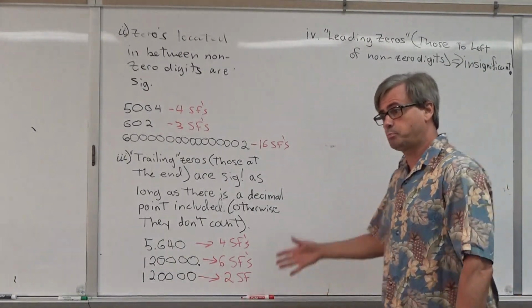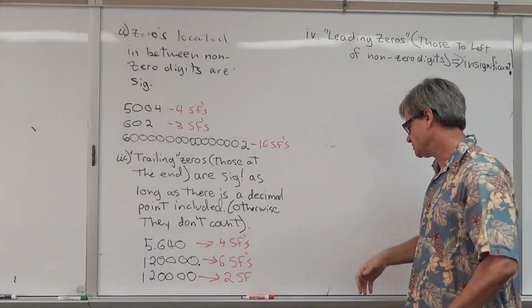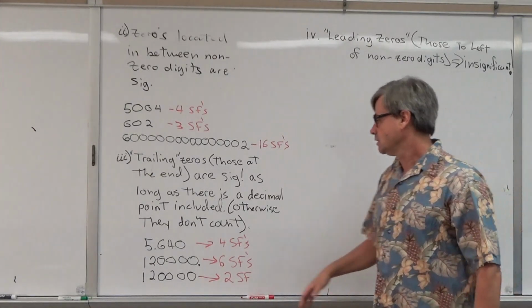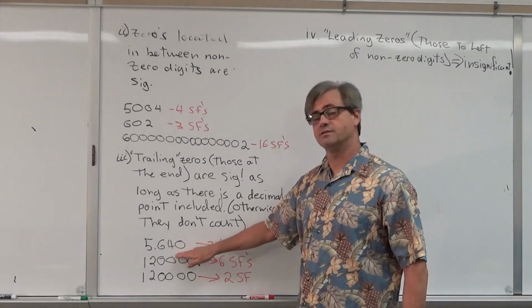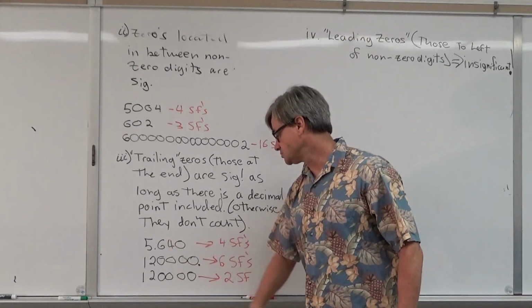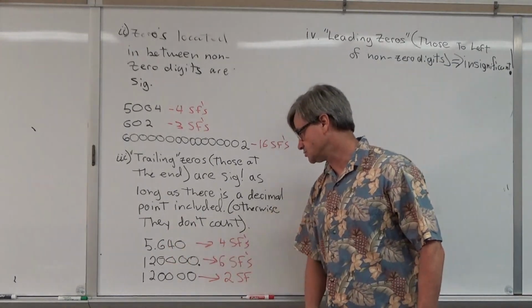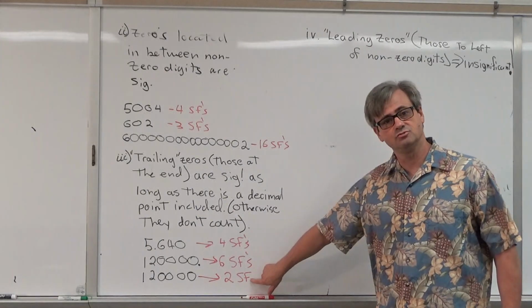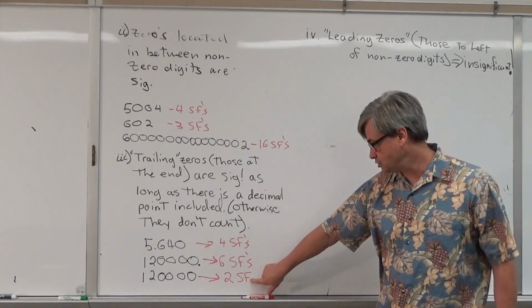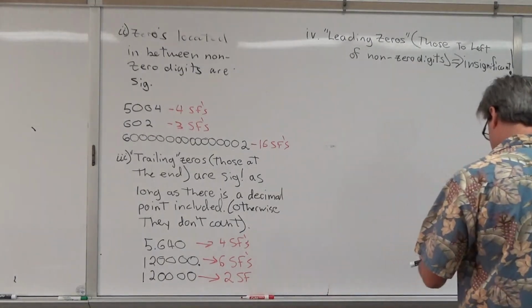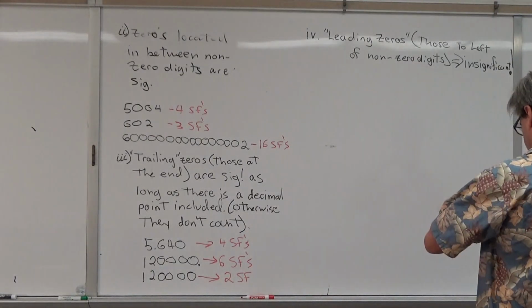And then your product, when you multiply two things, can only have the same number as your factor with the fewest significant figures. So if you were multiplying those three values there, your product could have at most 2 significant figures. So you need to round to that second sig fig. Let me put some text behind all that stuff.